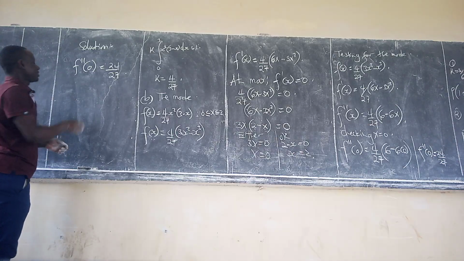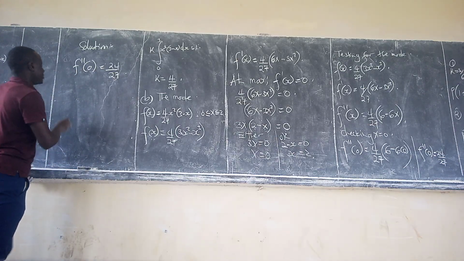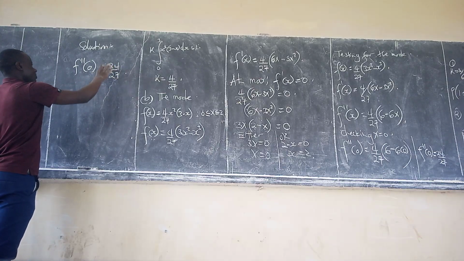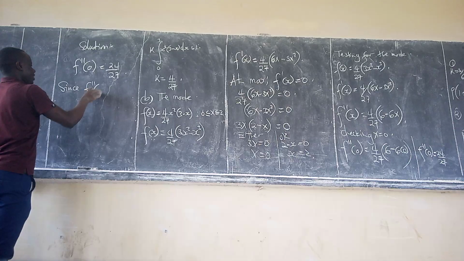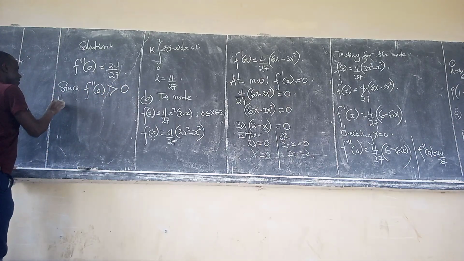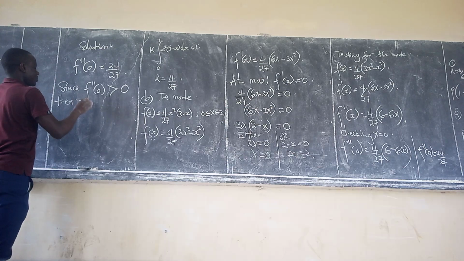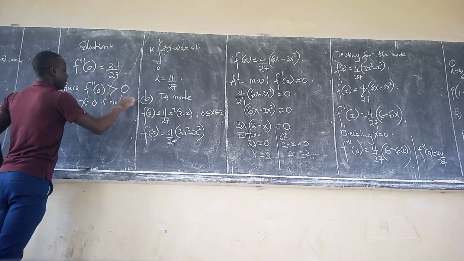If yes, then this is the mode. If no, it is not the mode. Since f double prime of 0 is greater than 0, x equal to 0 is not the mode.